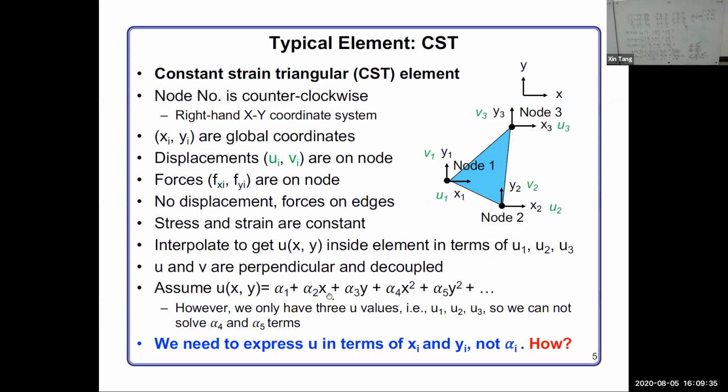Because you will have 3 unknowns to solve, and we only have 3 knowns in each degree of freedom in this element, right? And that results in a linear distribution of the displacement.